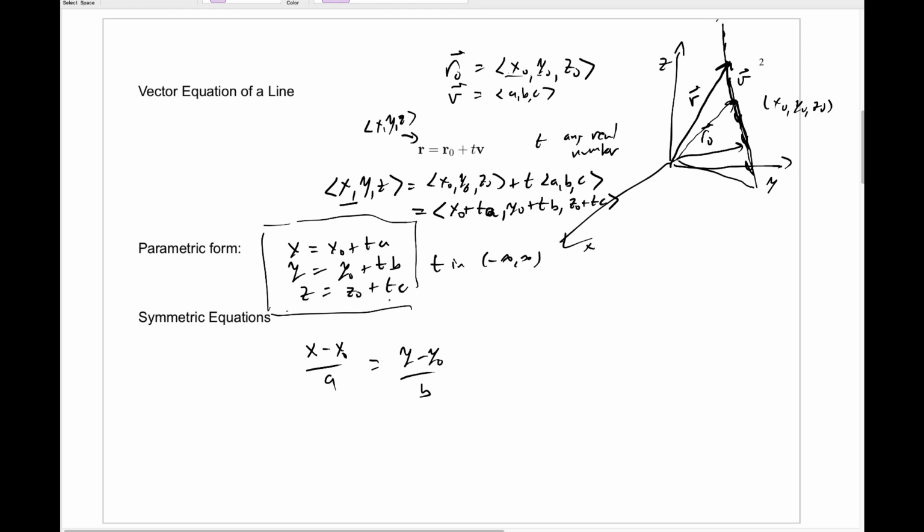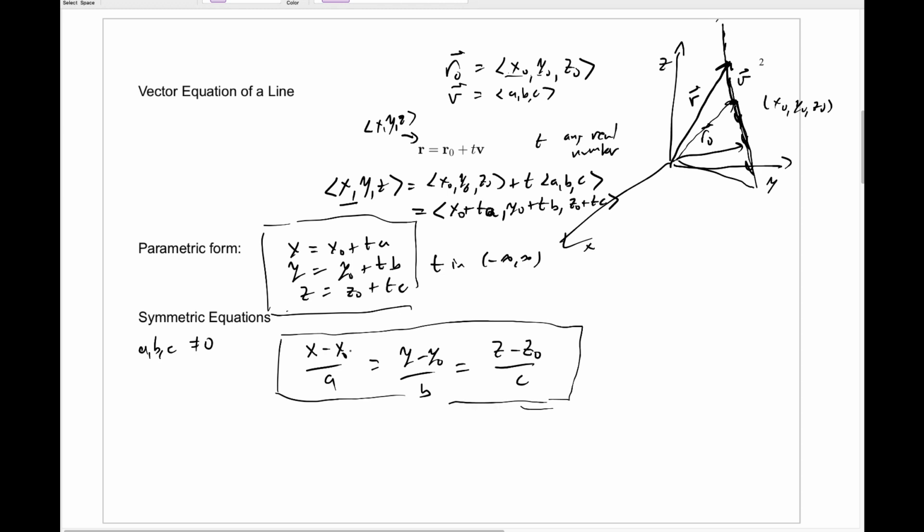And in the third equation, if I solve for t, I get z minus z naught over c. There's one important condition here: as long as a, b, and c are all non-zero, then this is what we call the symmetric equations for the line. x minus x naught over a equals y minus y naught over b equals z minus z naught over c.